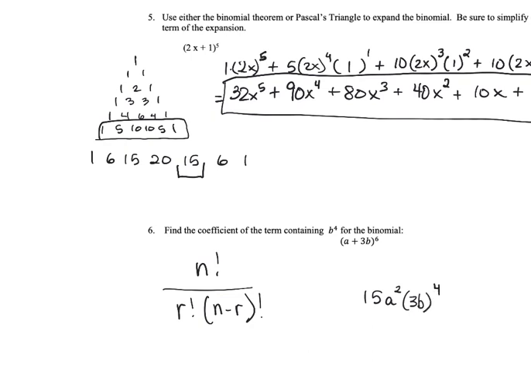So then you could take 3 to the 4th power, which is 81, and multiply it by 15, and that's going to give you the coefficient of that entire term. So it would be 81 times 15, which is 1,215. So the coefficient of the term that contains b to the 4th is 1,215.